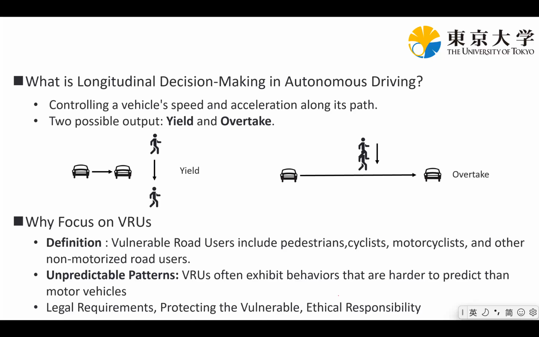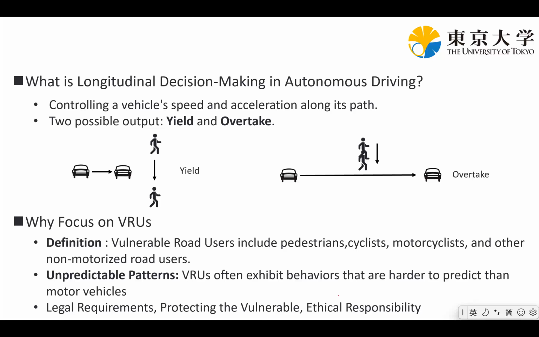From the title, we can notice two key terms: longitudinal decision making and VRU. So, what is longitudinal decision making? Longitudinal decision making is planning the vehicle's speed and acceleration along its intended path.